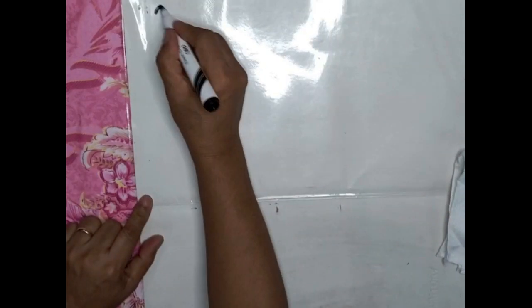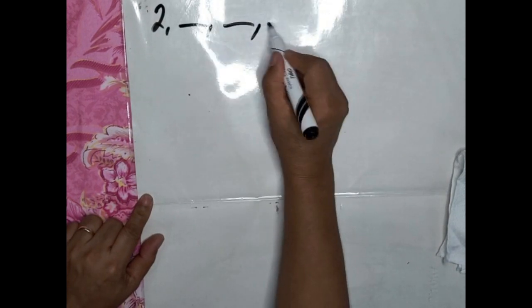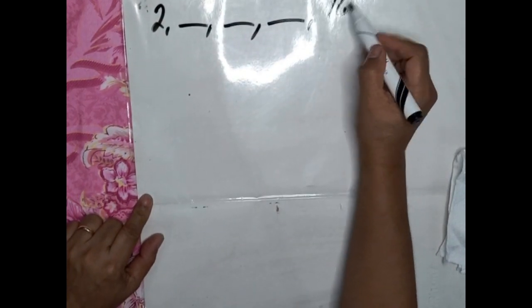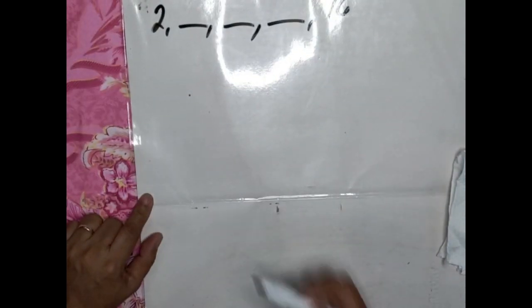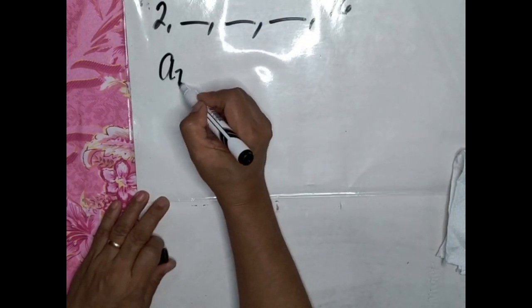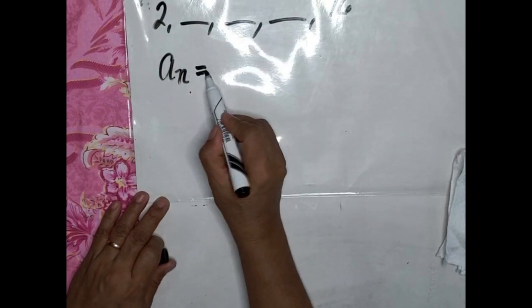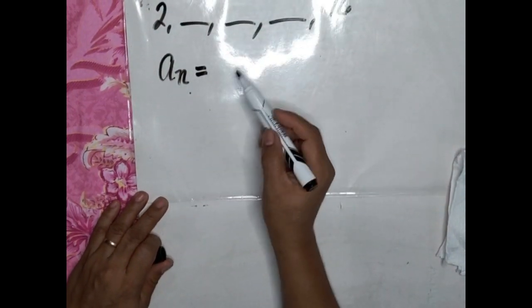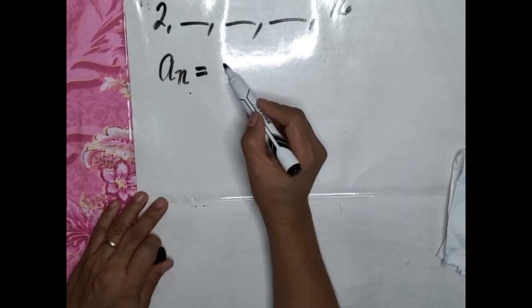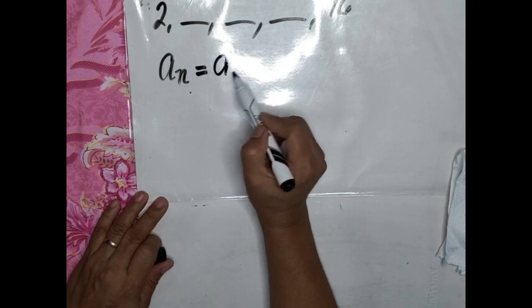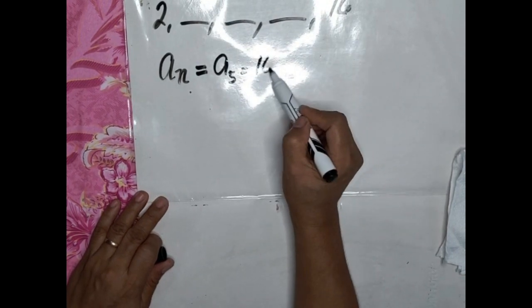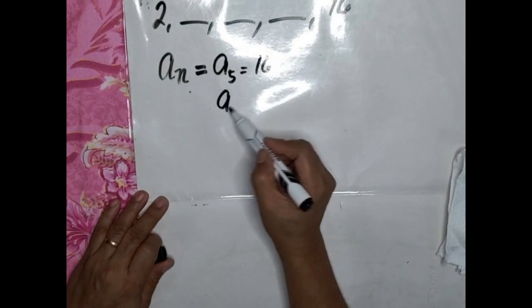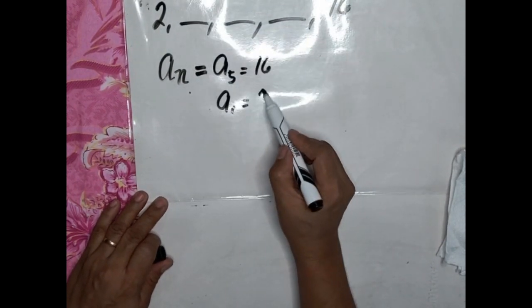So we have 2, insert 3 terms between 2 and 16. What are we going to do? Your last term is a sub 5, which is equal to 16. Our a sub 1, which is the first term, is equal to 2.